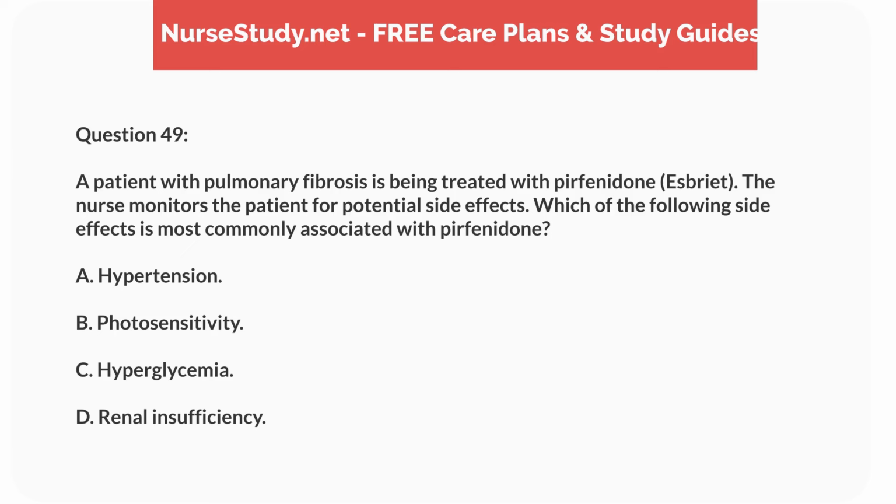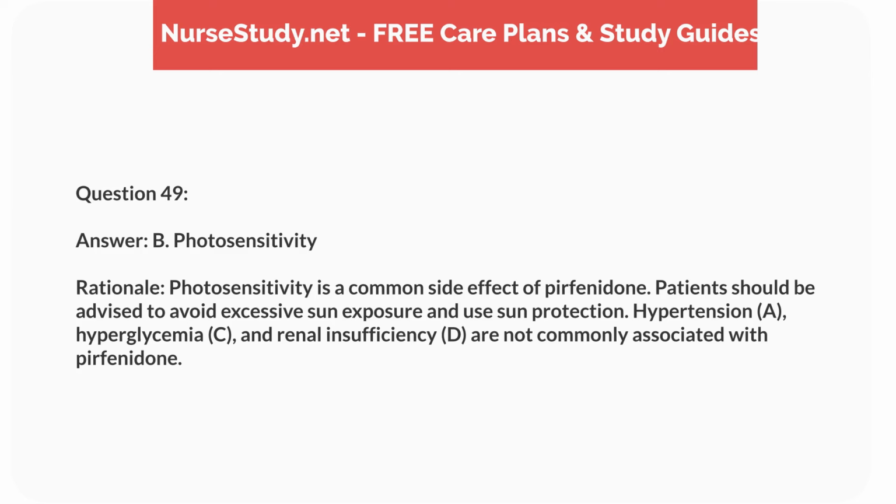D. Renal insufficiency. Answer: B. Photosensitivity. Rationale: photosensitivity is a common side effect of pirfenidone. Patients should be advised to avoid excessive sun exposure and use sun protection. Hypertension, A, hyperglycemia, C, and renal insufficiency, D, are not commonly associated with pirfenidone.